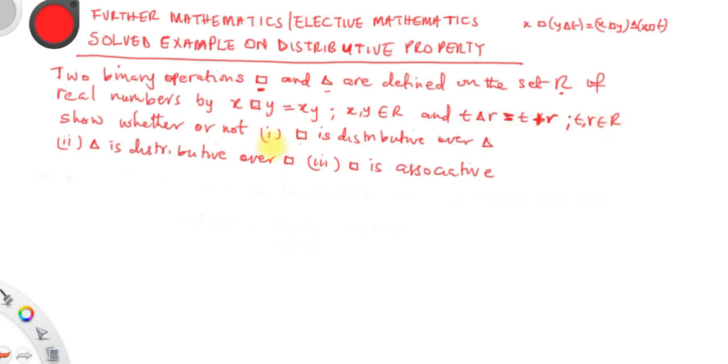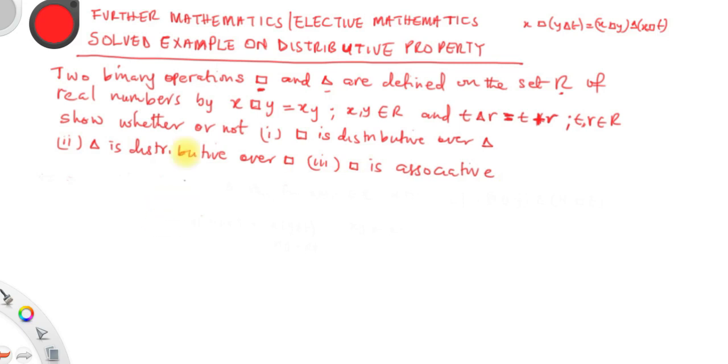The question says to show whether or not the operation square is distributive over triangle, and the operation triangle is distributive over square, and whether the operation square is associative.